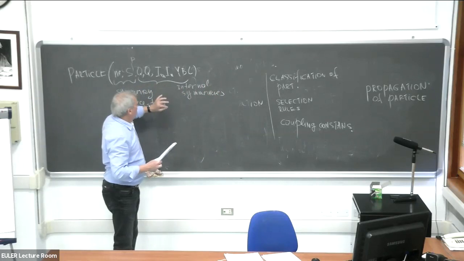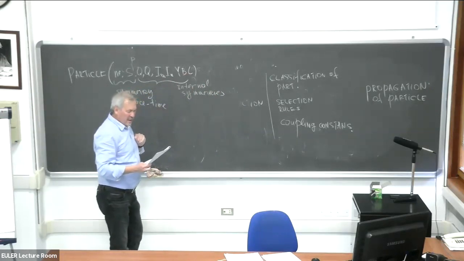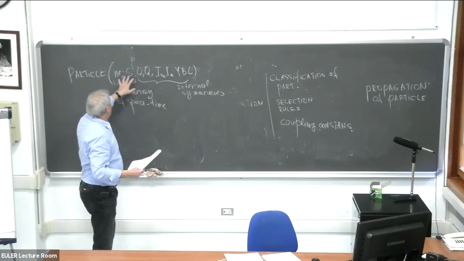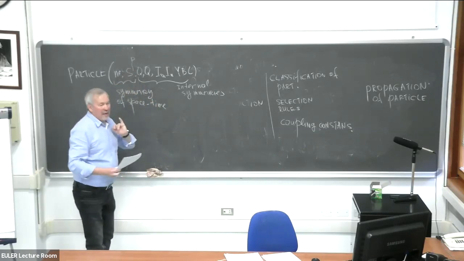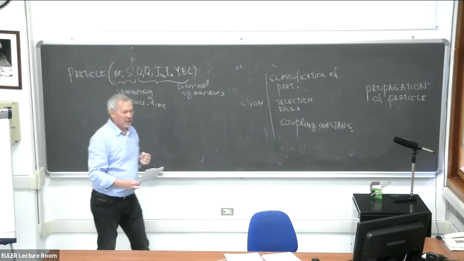So these symmetries, which are behind these quantum numbers, are related to transformations in this internal space, whereas these, mass, spin, and parity, are related to transformation in external, our configuration space.